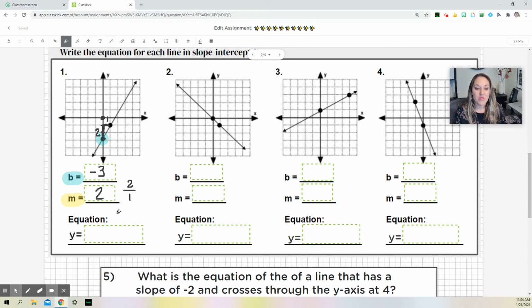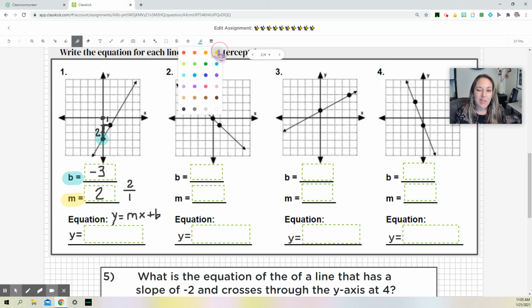And then you just put it into the equation y equals mx plus b. Like I said, I don't care which one you found first. Your m is going to be replaced with the m, and the b is going to be replaced with the b. The m is 2, and that's going to go in front of the x.